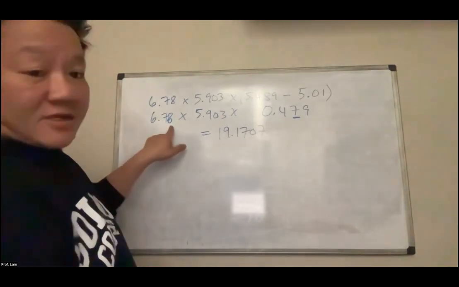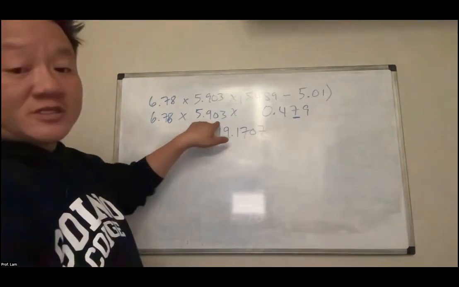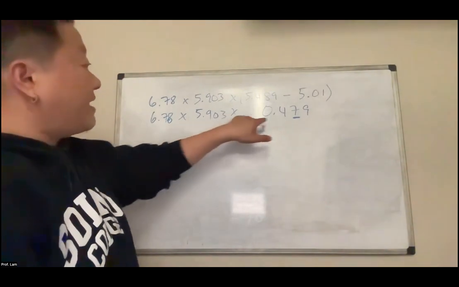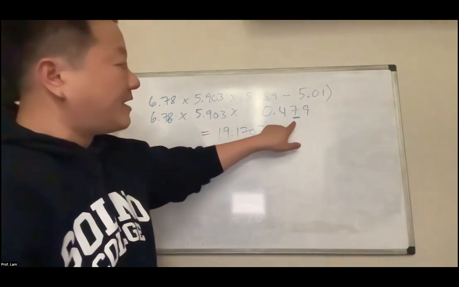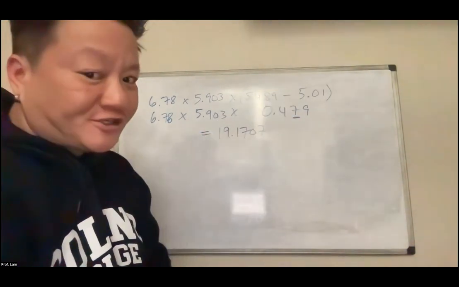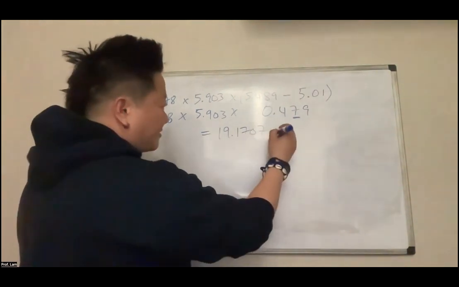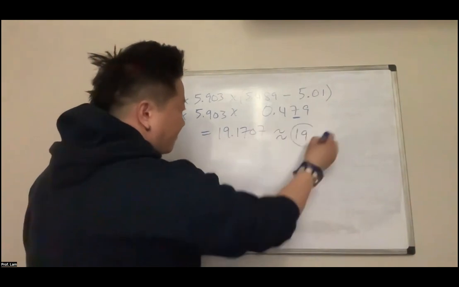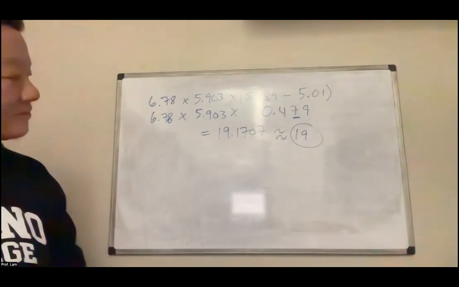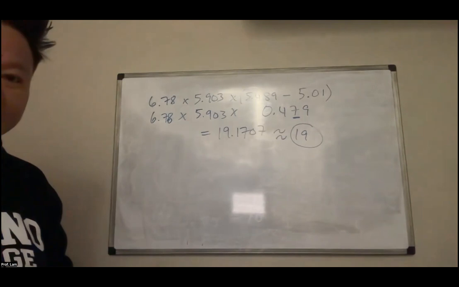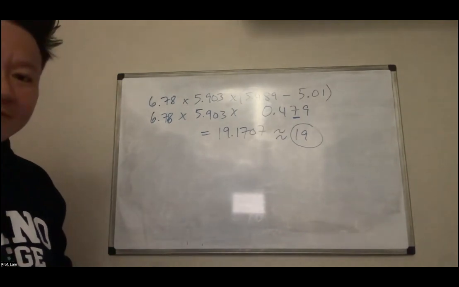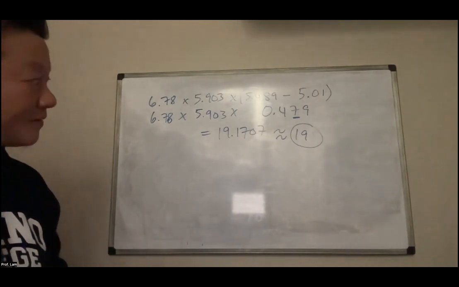This number has 3 sig figs. This number has 4 sig figs. And this number, because we underlined it, actually only has 2, right? So we need to round this to 19. Okay, because that's 2 sig figs. All right.